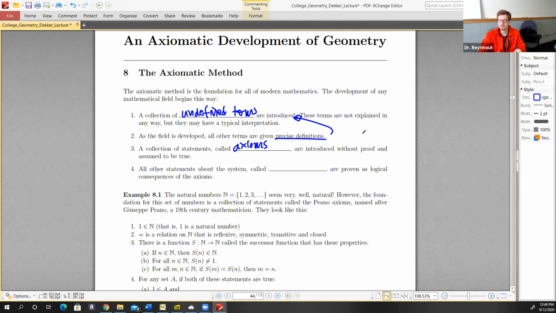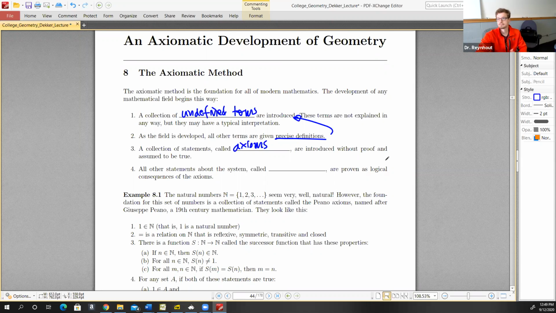For example, the axiom of choice for the real numbers is a particular axiom of interest because there's a lot of mathematics that hinges on this axiom. We can talk about it later, but there are some people that aren't entirely convinced that it's true, in which case significant amounts of mathematics would just be wrong if it were not true.